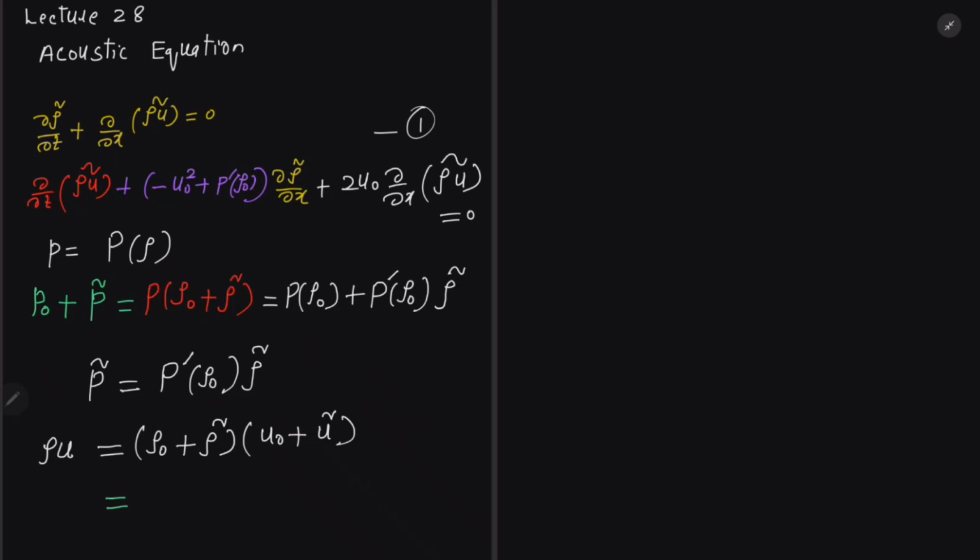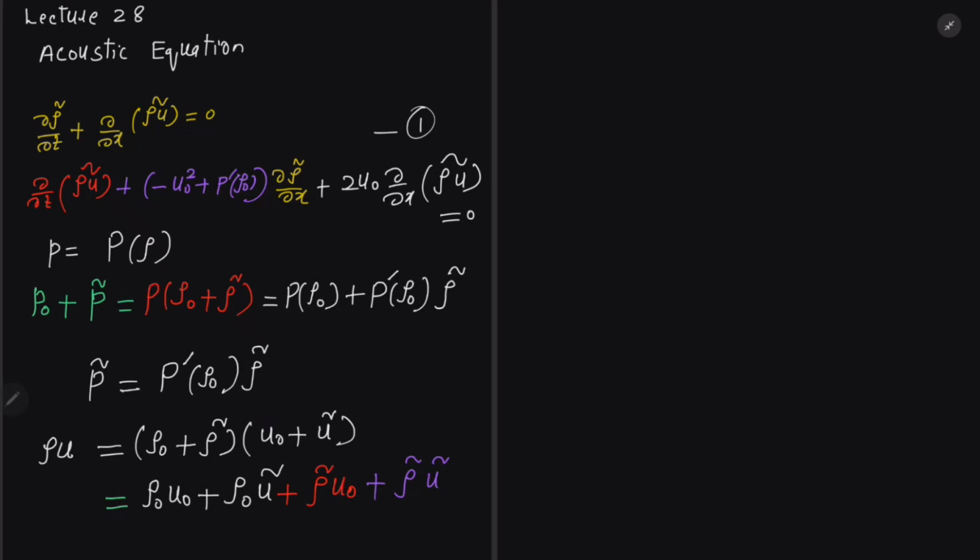Rho naught u naught, when these two multiply together, we get rho naught u naught plus rho naught u tilde from this term, then we have rho tilde u naught, and we have rho tilde u tilde.